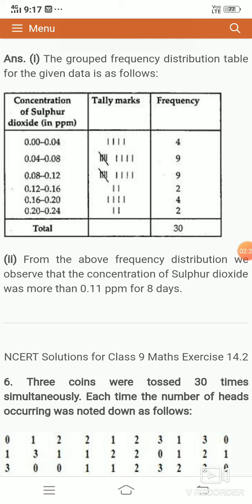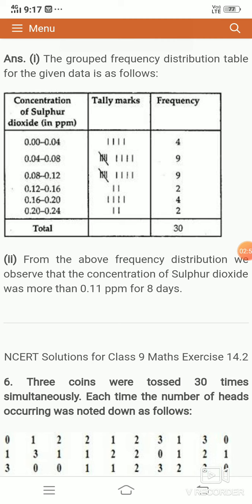Now use the tally mark table and count the lines. For 0.00 to 0.04, don't count 0.04 in the first interval. We count 0.04 in the second interval, and don't count 0.08 in the second interval.